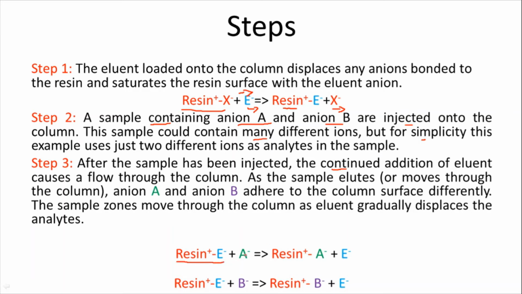Once you inject the sample containing two analytes, A and B, the A analyte readily goes to replace. How is it replaced? If the negative charge of the molecule is high, then it replaces the negative anion already bound to the resin.